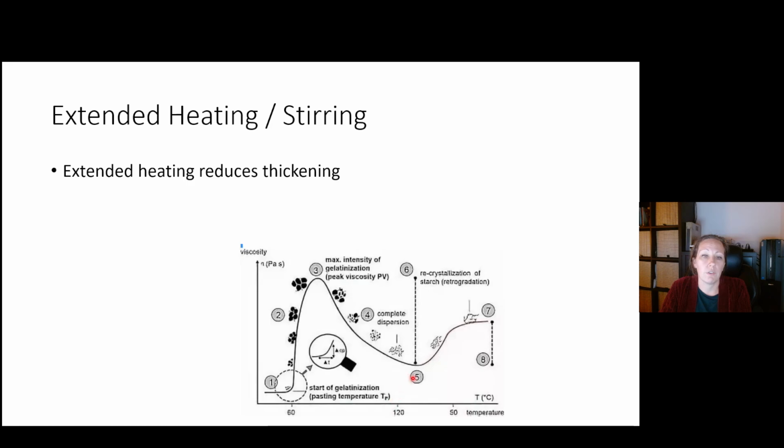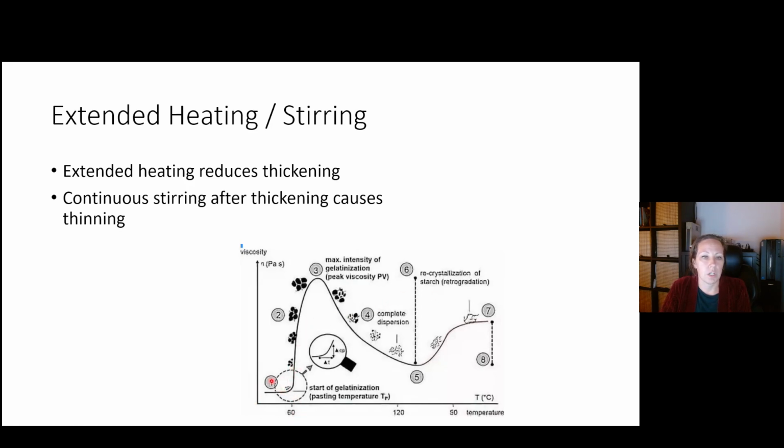And then if it rises even further, you gain some of it back, but it's still not close to what the maximum gelation is. So understanding those temperatures, and that once you get to a certain temperature you need to pull your sauce or gravy off of the heat, is important so that you don't end up thinning it out again because it's too hot.